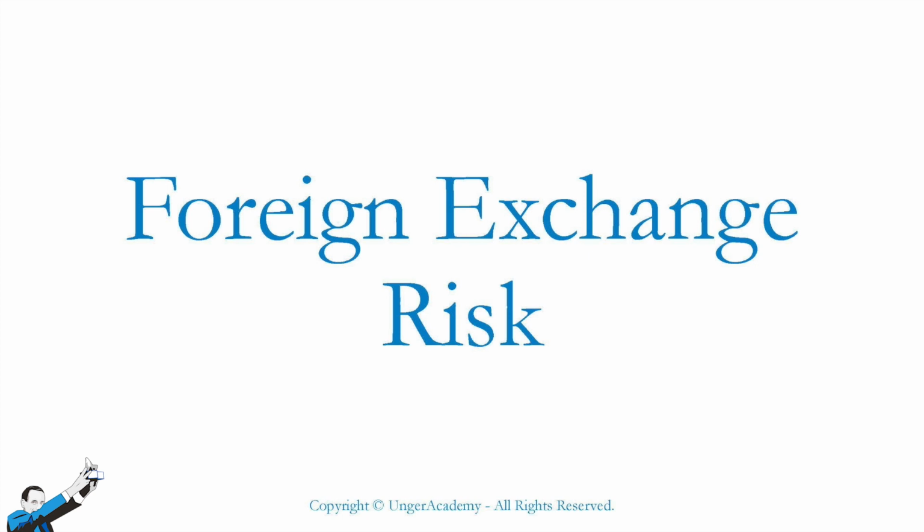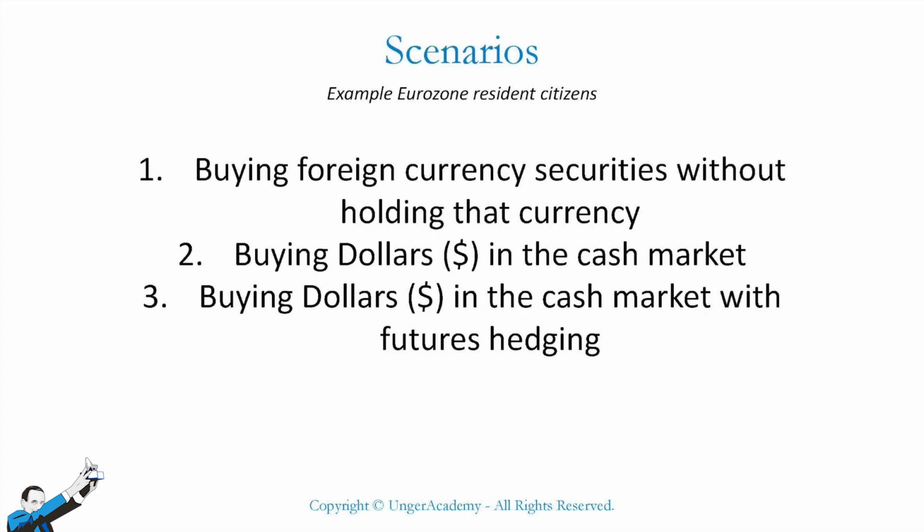Okay, so regarding the topic of foreign exchange risk, we could consider a wide range of different scenarios for liquidity management. And in this video, we wanted to show you just 3 scenarios that we believe are the most common among investors. So the first scenario involves buying a security in a foreign currency without owning that currency. And this is the case, for example, of a purchase of Amazon shares using euros.